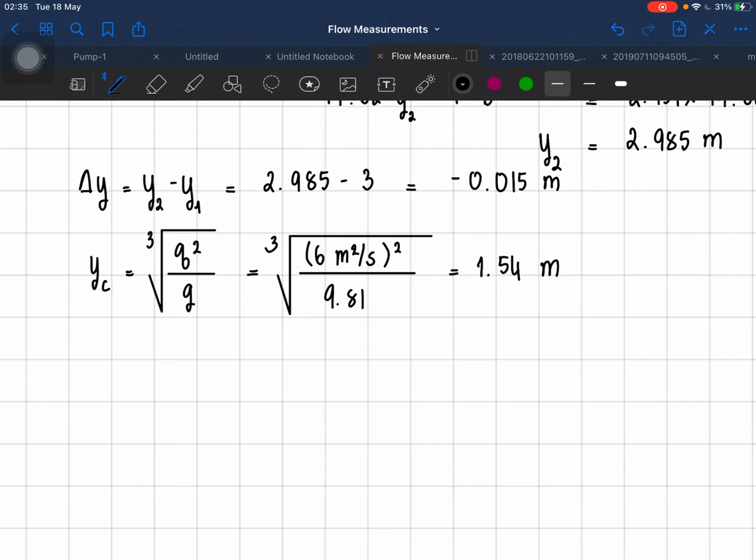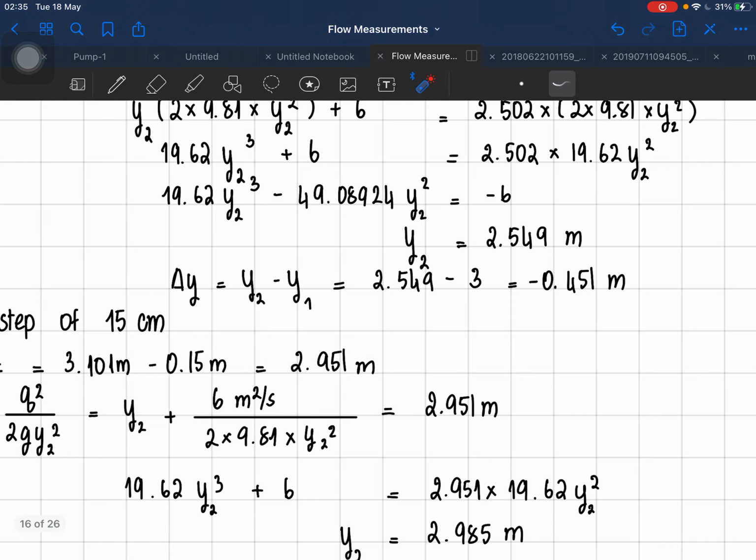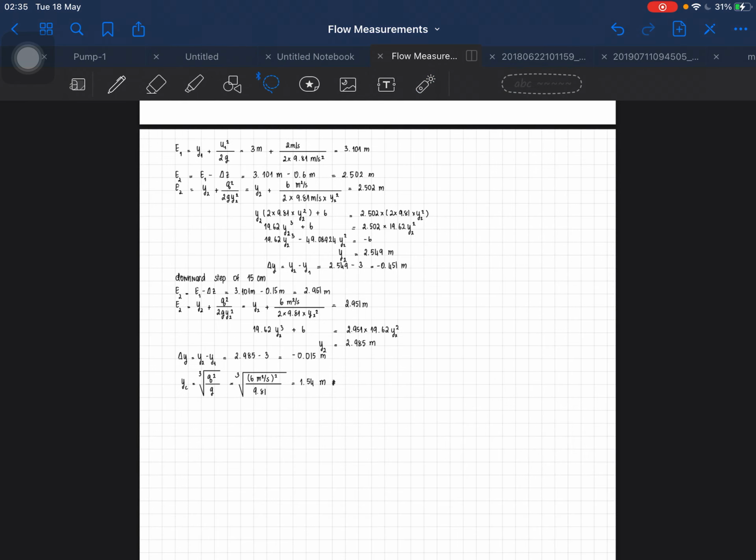So this is the answer for yc, which is what you need, 1.554, in order to have the maximum upstep before affecting the upstream water level, because you need yc equals y2, but all our y2s are quite different from what we need. So yeah, that's it for the answer.